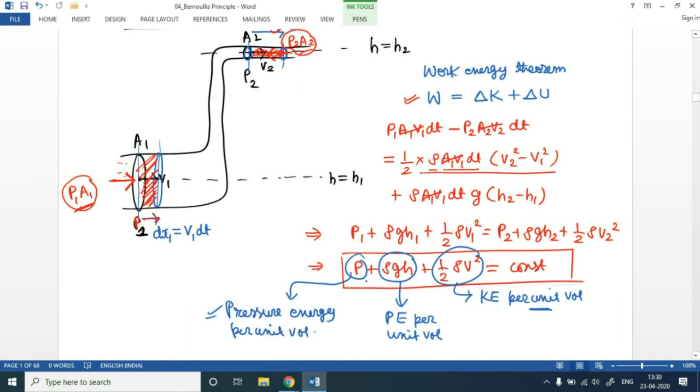Now you can see, if in a flow two of these terms are increasing, then the third term is going to decrease and vice versa. So this is one insight into looking at Bernoulli's theorem or Bernoulli's principle.